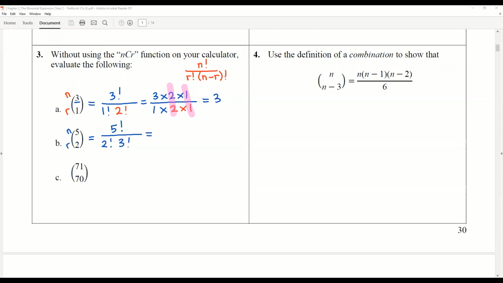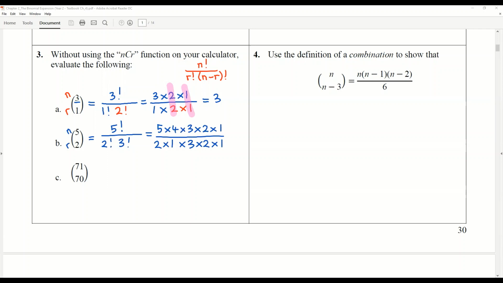Now then, let's write out the factorials explicitly. So we've got 5 multiplied by 4, 3, 2, and 1 over 2 times 1 for my 2 factorial. And then I have 3 factorial on the bottom again.